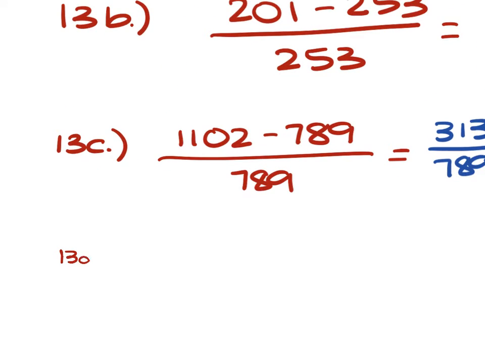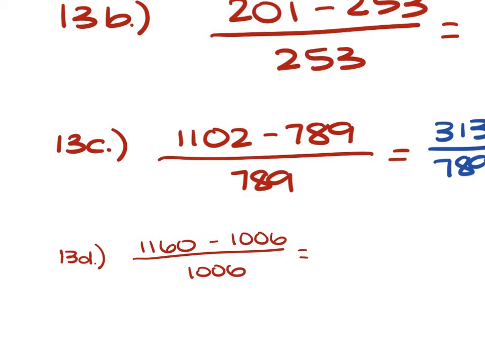For D, we have 1006 to 1160. So our new is the 1160 minus our original, which is 1006, all over the original, which is 1006. The 1160 minus 1006 gives us 154 over 1006.